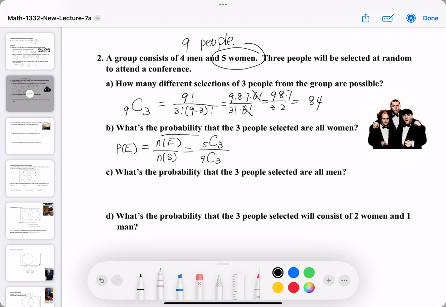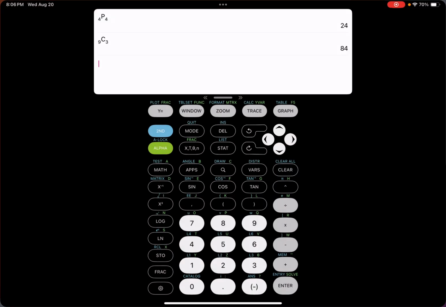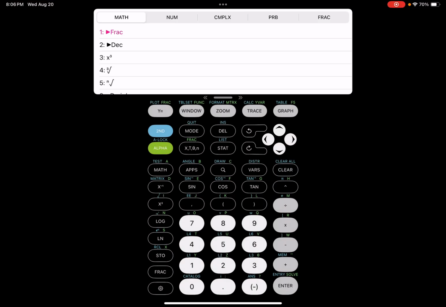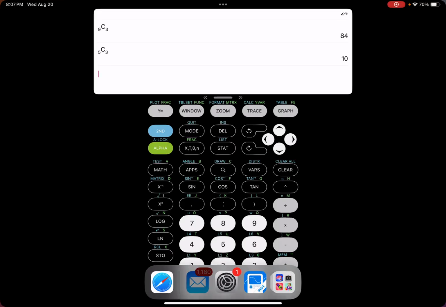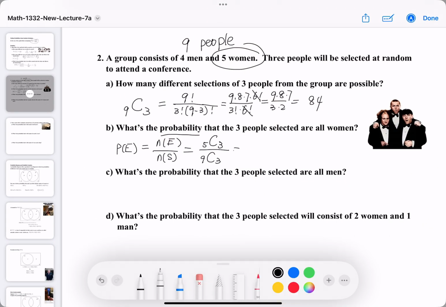On the top, I'm going to use my calculator to find 5C3. It is 10. So let's put 10 on the top and 84 at the bottom. They are all divisible by 2. So 5 divided by 42, and nothing can be simplified.